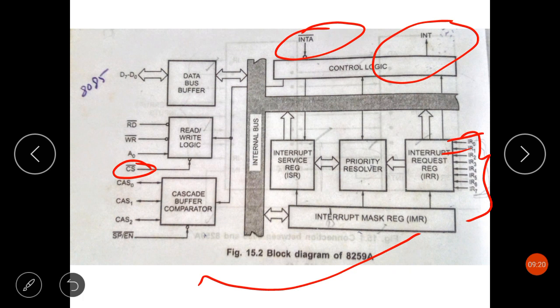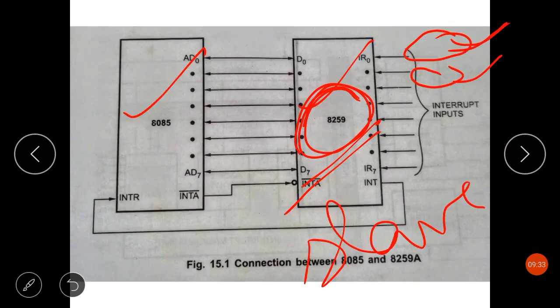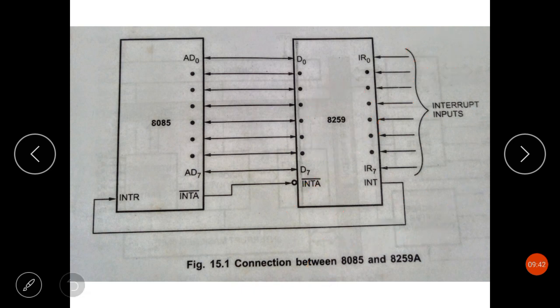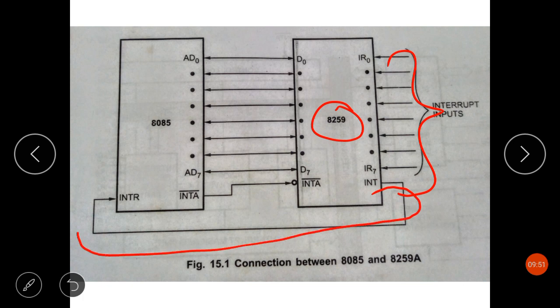So if the 8259 is properly enabled, the interrupt request will cause the 8259 to assert its INT output pin high. As I have shown here, these are the 8 interrupt pins from where the interrupt requests are coming. If an interrupt request comes, it will cause the 8259 to assert its INT output pin high.